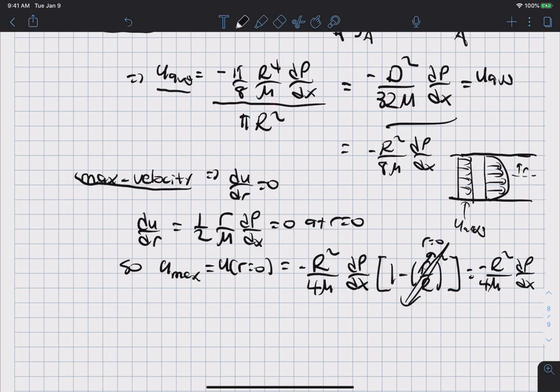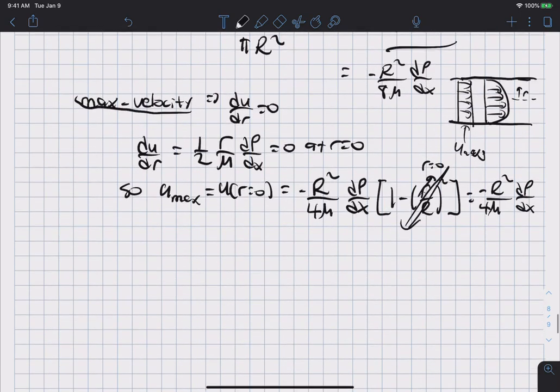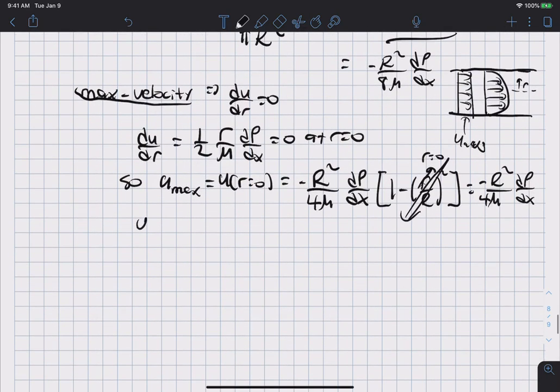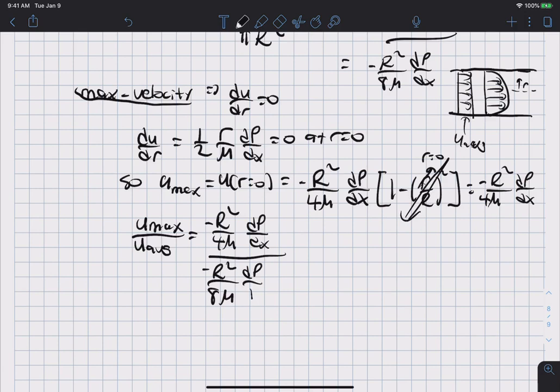And now something that is pretty interesting here is the ratio of Umax to U average. Then Umax over U average equals minus R squared over 4 mu dp/dx divided by U average, which is minus R squared over 8 mu dp/dx. And that implies that Umax over U average equals 2.